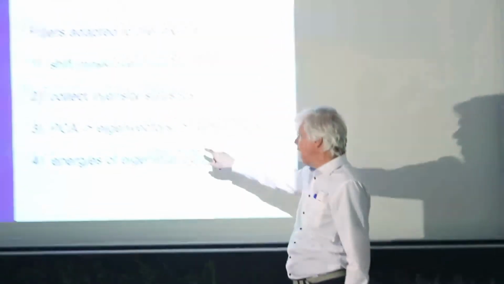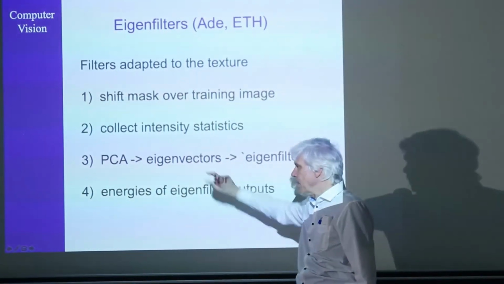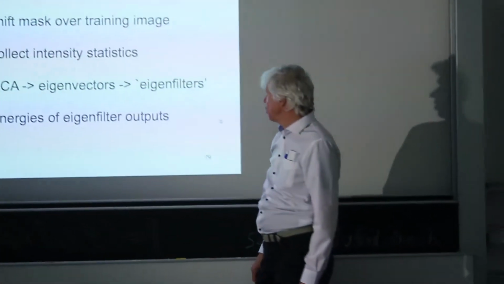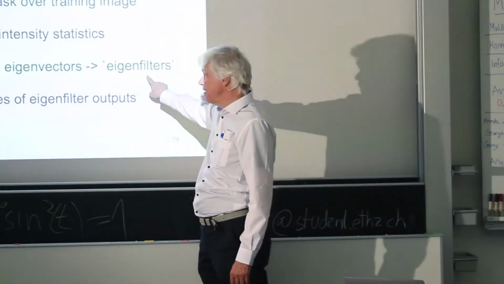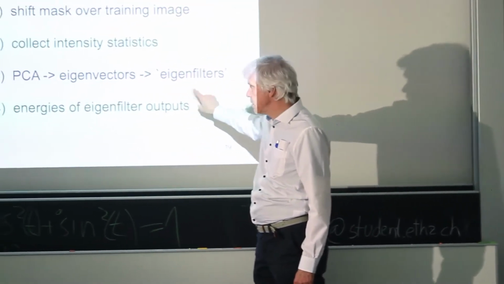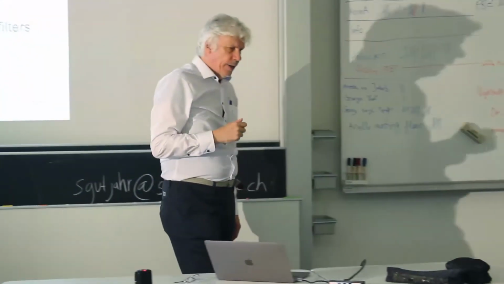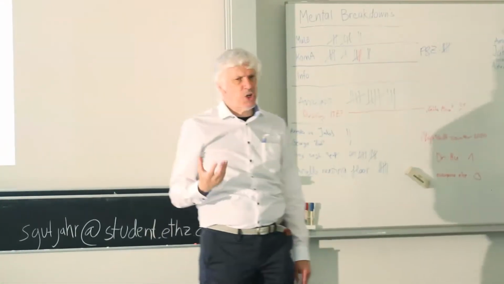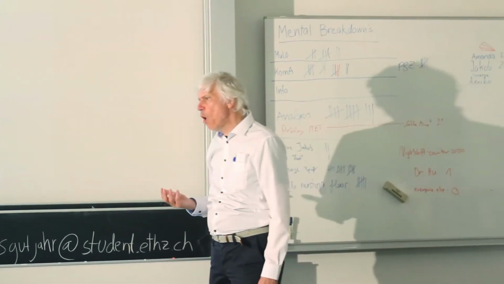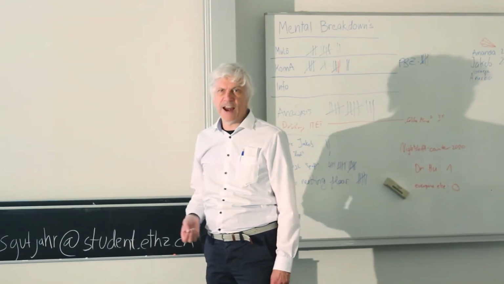So we want to extract eigenvectors from that information and then based on that define eigenfilters. What PCA will do, of course, is it will give us a new representation of the original information, but now rank ordered according to variance.